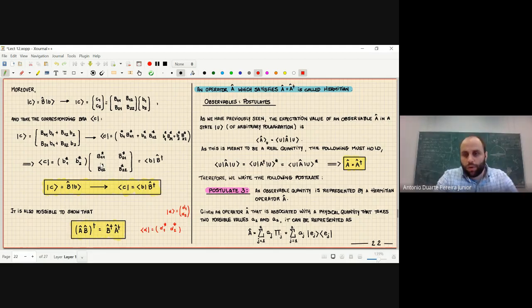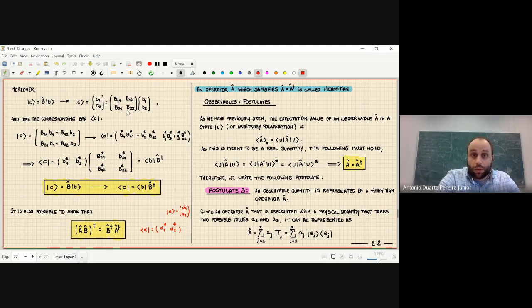Everybody complex conjugated. So this is nothing but the transpose of the matrix B and complex conjugate. So this matrix here is the Hermitian conjugate of matrix B.